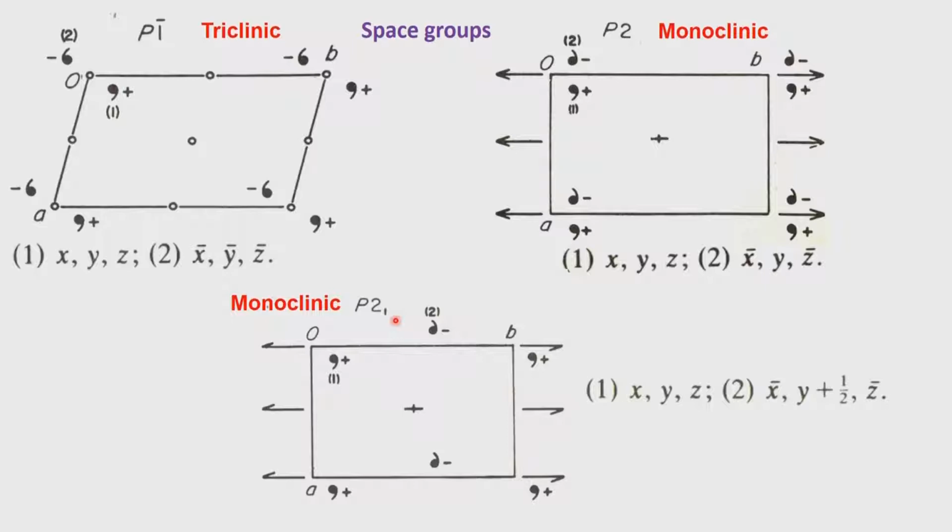In this particular case the rotation axis is y, and therefore the translation is along the y direction. So, x changes to minus x, y changes, z changes to minus z. You generate this by a two-fold symmetry operation plus a translation along the direction about which the axis operated, and so we get to this position.